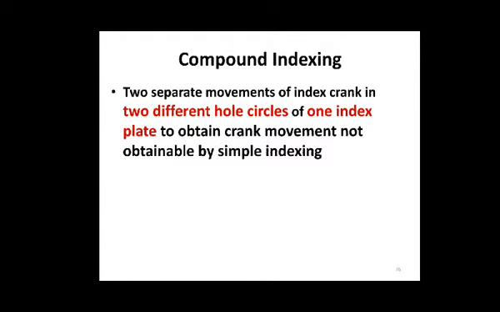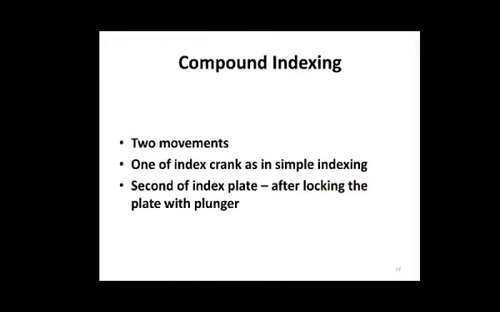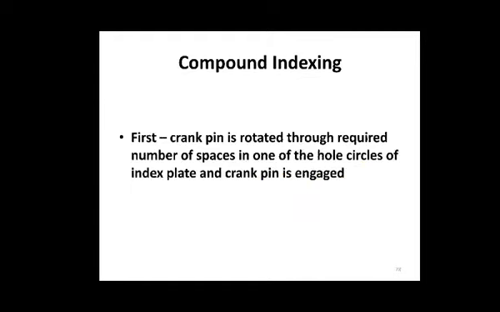So here there are two movements: one of the index crank as in simple indexing, and second of the index plate after locking with the plunger. In the first, the crank pin is rotated through the required number of spaces in one of the hole circles of the index plate and the crank pin is engaged. In the second movement, removing the rear lock pin and rotating the plate together with the index crank forward or backward through a calculated number of spaces of another hole circle, the lock pin is then engaged.